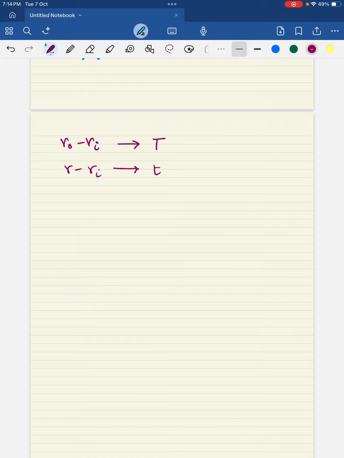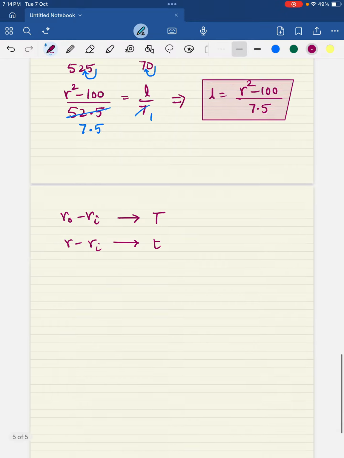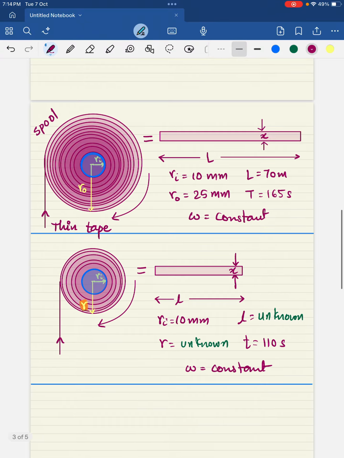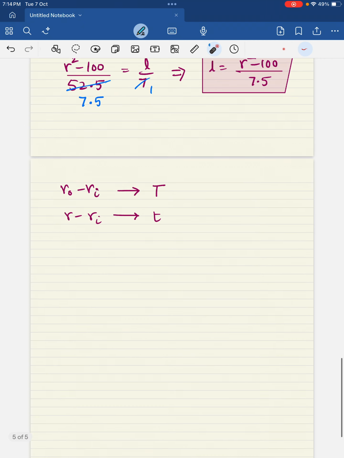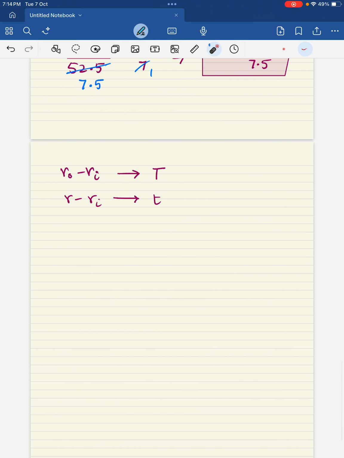This is just a cross multiplication kind of stuff, where I have just used this analogy. If I am trying to fill this much amount of thread or tape in this much time, then I'll be filling this much amount of tape in this much time. So I've just used that analogy, and let's see if I am able to cross multiply and get the value of R here.